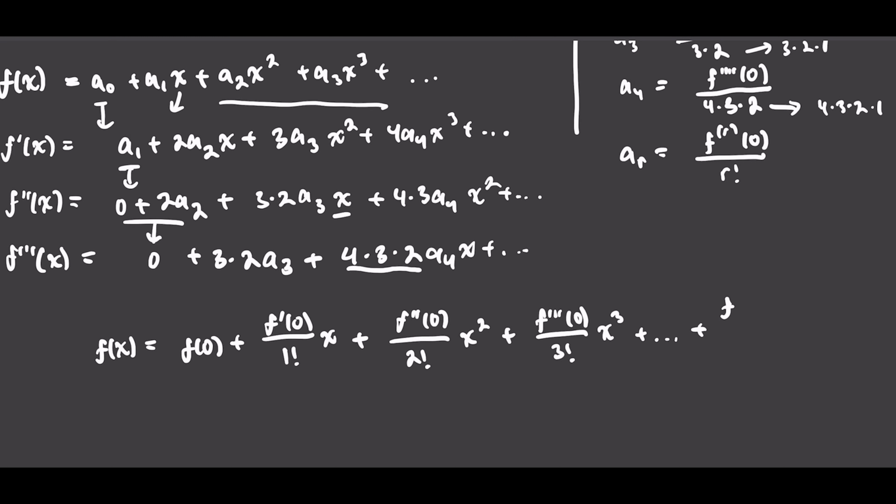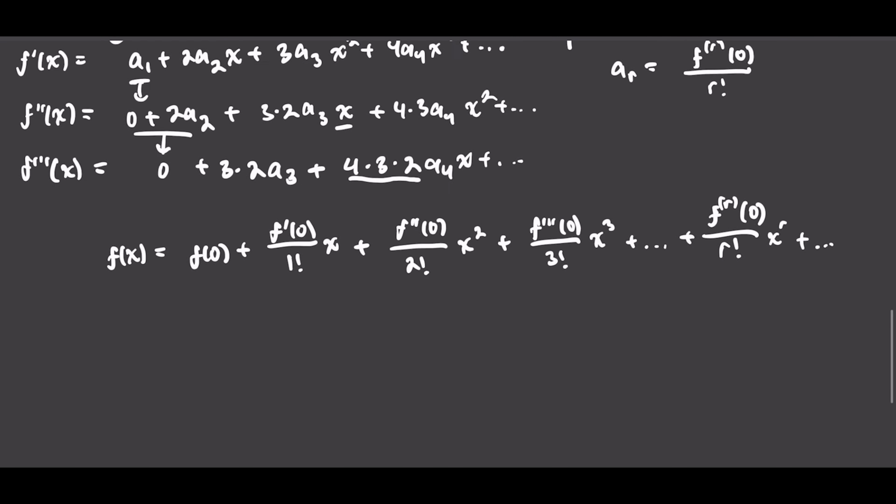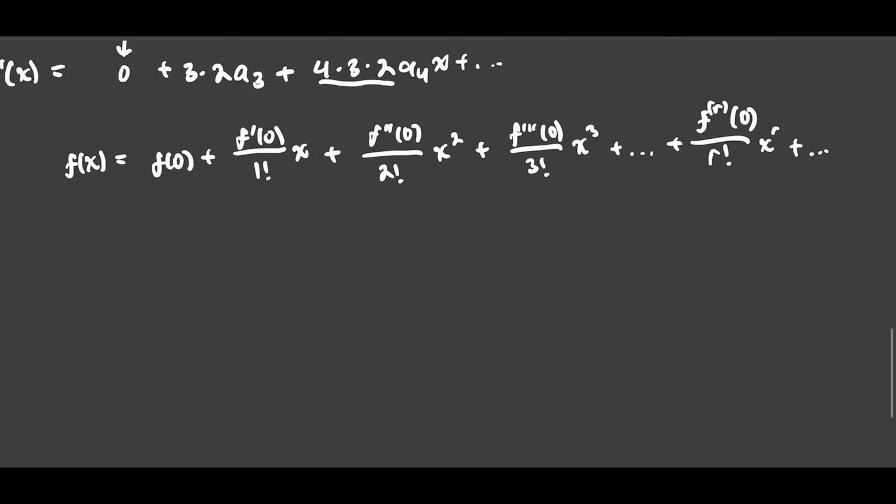And the rth term will be the rth derivative of f of 0 over r factorial times x to the r, and so on, and this can be done infinitely many times. Thus, we can express any function as an infinite polynomial.